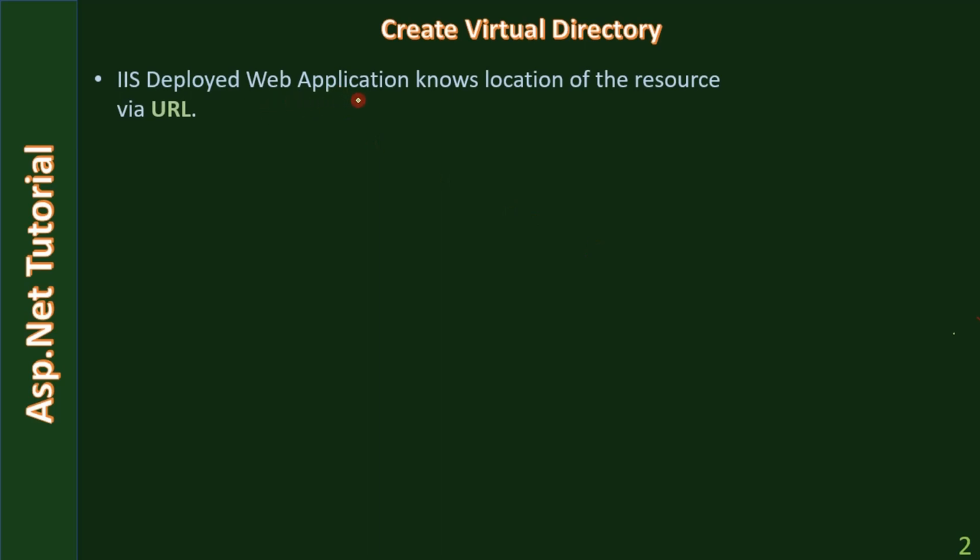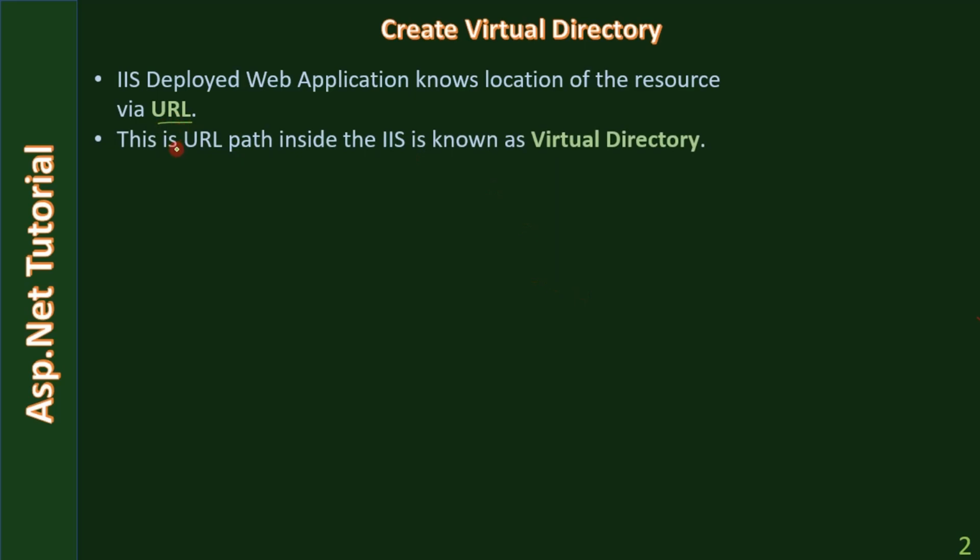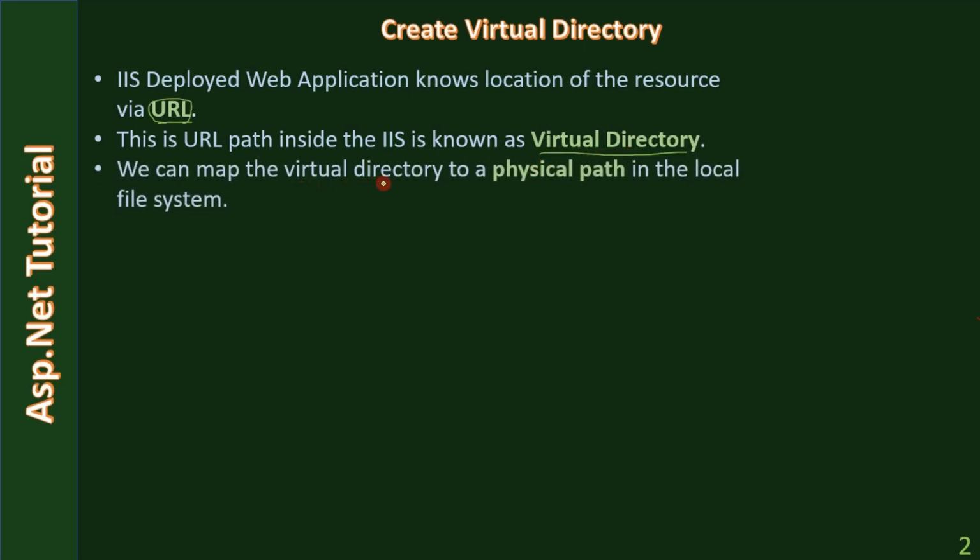A web application deployed in IIS knows the location of the resource via the URL. This URL path inside IIS is known as a virtual directory. We can map a virtual directory to a physical path in the local file system. In the address bar, we specify the web path with the HTTP address.